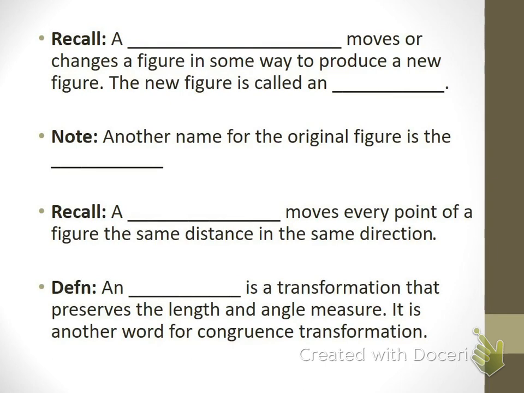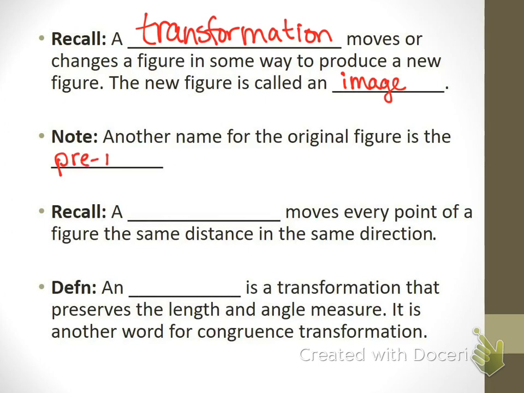Recall, this is from yesterday, a transformation moves or changes a figure in some way to produce a new figure. The new figure is called an image. Another name for the original figure is the pre-image.